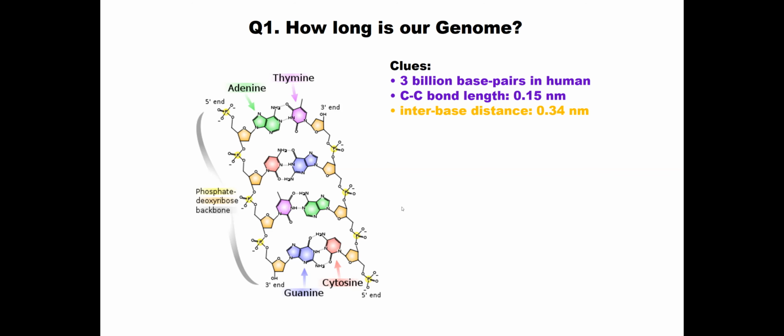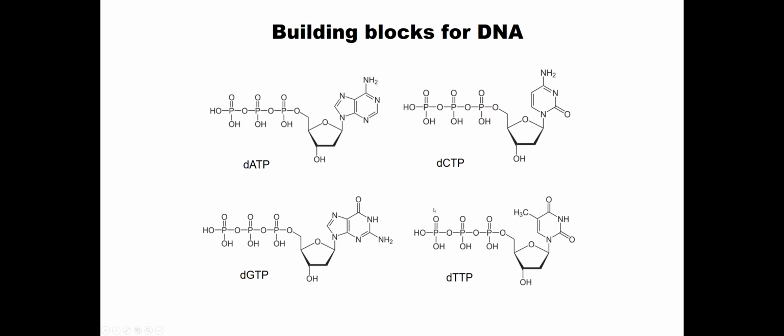Now these are the total lengths of our genome. Now these are the building blocks of DNA. Here we have the sugar, and 1 prime, 2 prime, 3 prime, 4 prime, 5 prime. So it's a 5-membered, 5-carbon sugar, and there is no hydroxy here. Ribose has a hydroxy here.